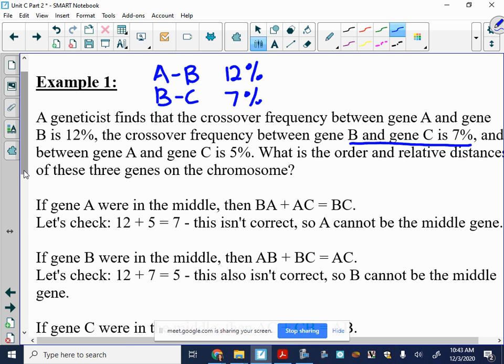And between A and C is 5%. What is the order and relative distance of these 3 genes on the chromosome? It gives you 3 choices on your page, but if we were to just draw our own, you'd start with the chromosome.